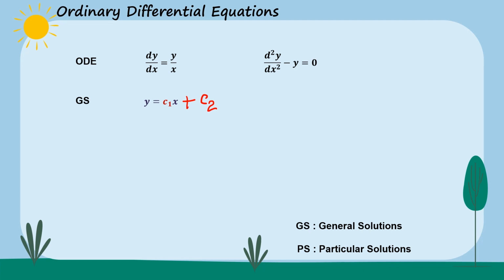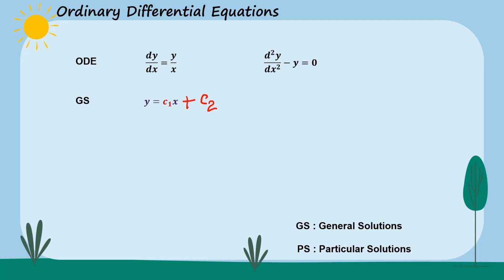I'm not checking whether it is a solution or not, but I'm saying that if I add c2, at any cost it cannot be the solution. Whether it satisfies or not is a different aspect. But it cannot be. Why? Because it has two constants and the order is one. So that's the basic concept.